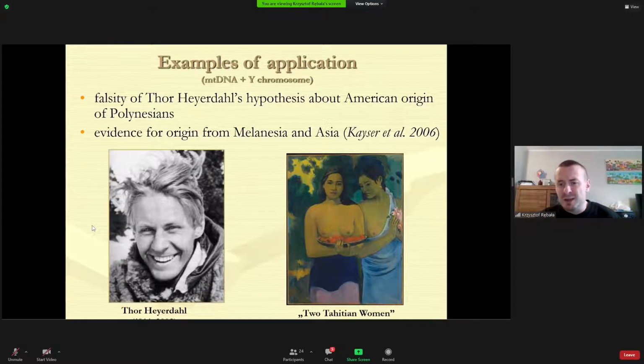These were Native Americans who were sailors and spread in Polynesia, in the Pacific Ocean. They settled on the islands of the Pacific Ocean. However, genetic studies show that Heyerdahl was wrong, because the Polynesians actually originate from Melanesia and Asia. So this is just an example of genetic analysis which verified one of the anthropological theories.